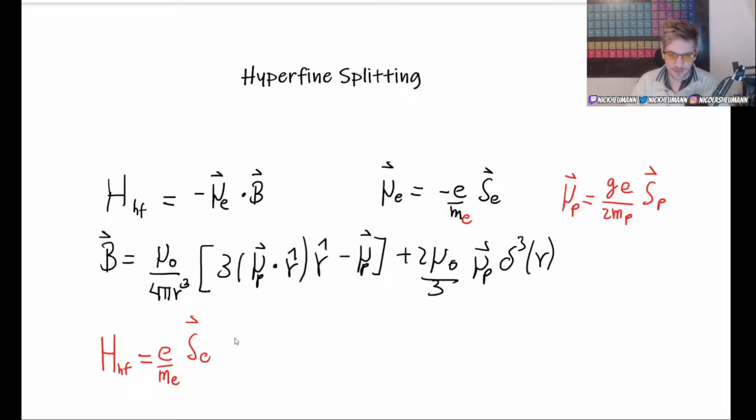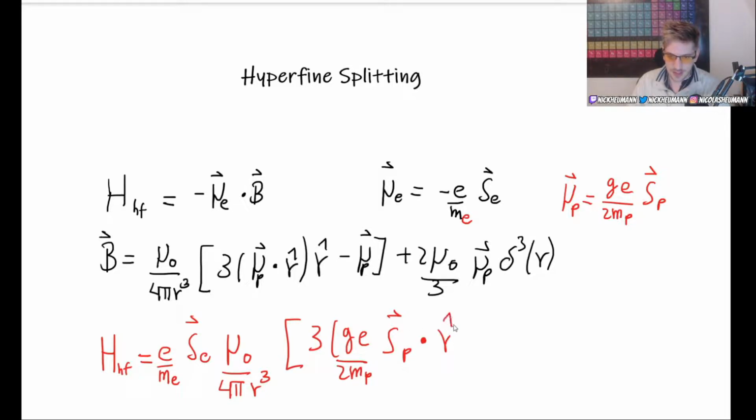Let's multiply by the first one, where we get mu naught over 4 pi r cubed times the term in the bracket, which is 3. And now, instead of just the magnetic dipole of the proton, let's actually write it down. So let's write g e over 2 m_p spin of the proton dot r hat minus, and again, g e over 2 m_p S_p.